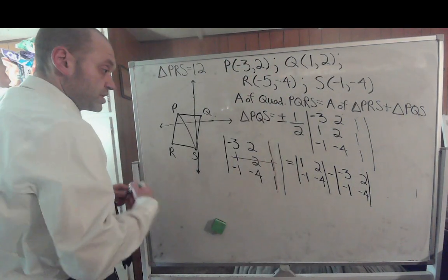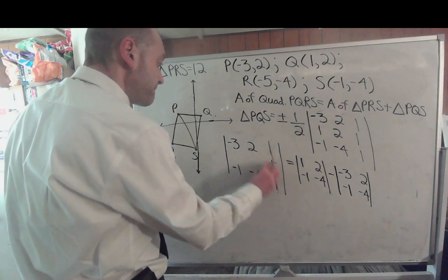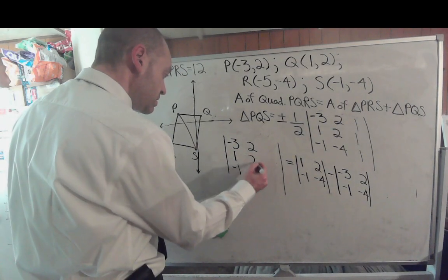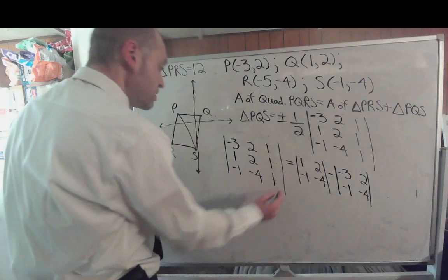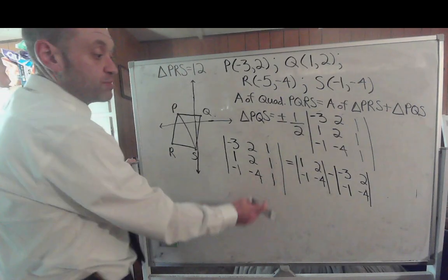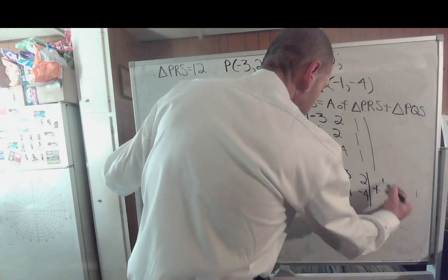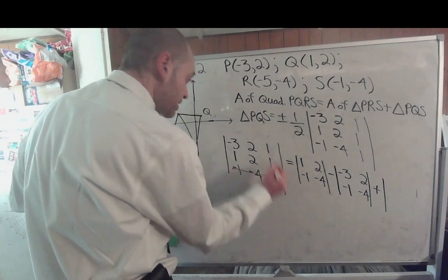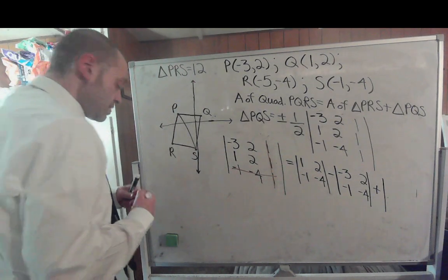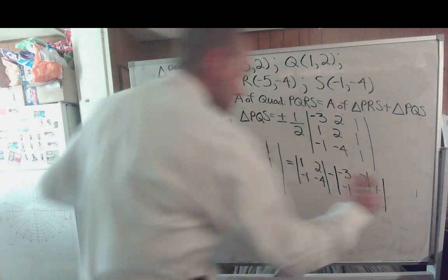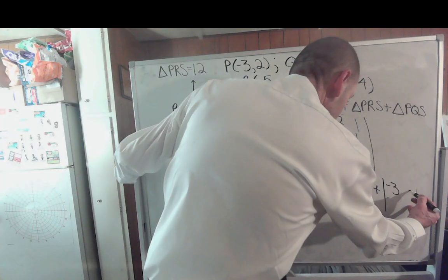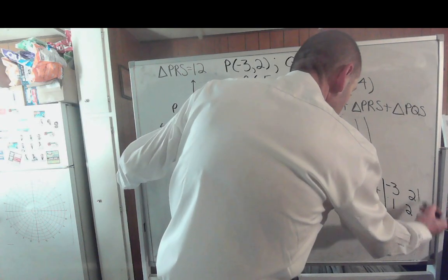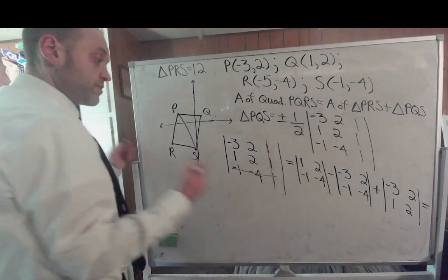And we should have one more determinant to worry about. The final one should be plus 1 times the resulting determinant of what's left. When I strike out the row and the column in which that 1 occurs, you end up with -3, 2, 1, 2. All right, so there's your three resulting determinants.